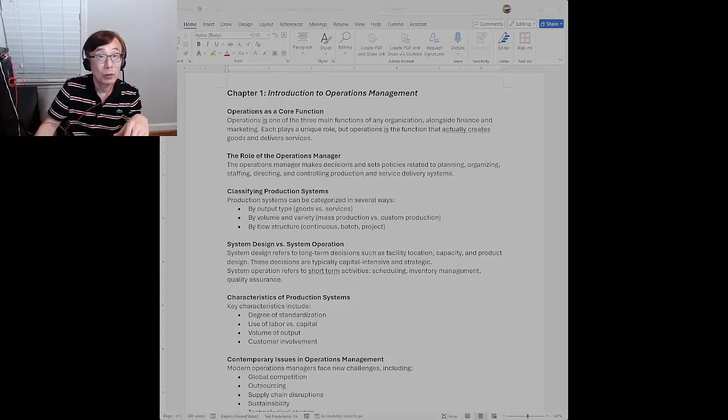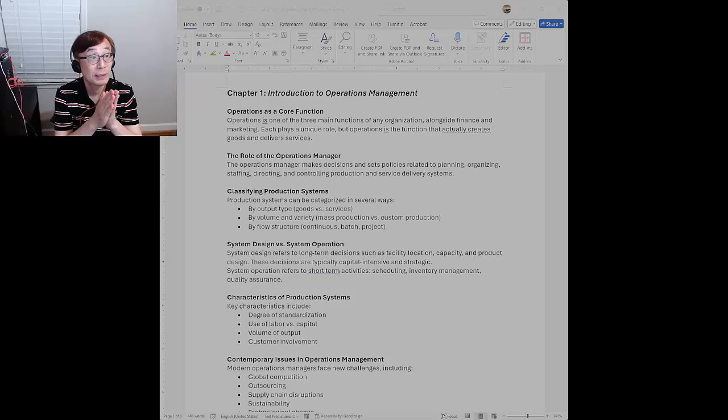Then we can go on to talk about classifying production systems, and we can categorize by output type, right? Whether it is goods or services, or volume and variety, whether it is mass production versus customized.